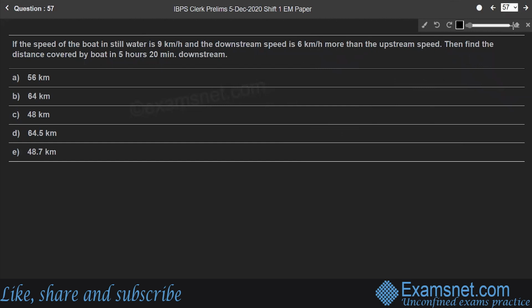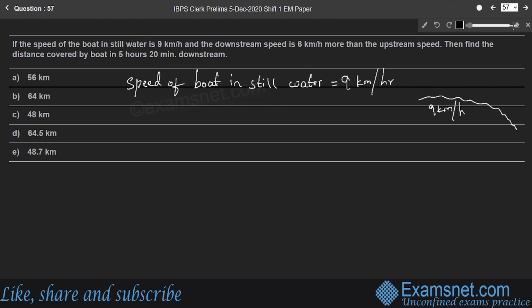The speed of the boat in still water is 9 km per hour. For better understanding, I will show a rough diagram here. So the speed of the boat in still water is 9 km per hour, and the downstream speed is 6 km per hour more than the upstream speed.